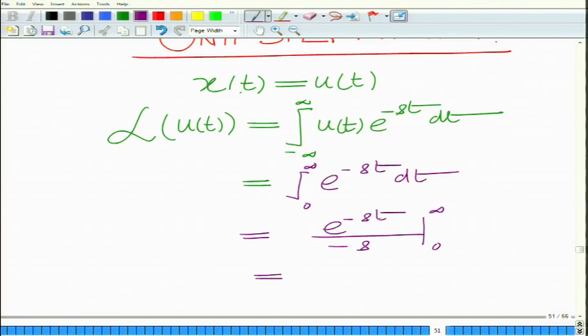Now, e power minus s t, as t tends to infinity, tends to 0 only if real part of s is greater than 0. So, this is 0 minus, and at 0, e power minus s t is 1.